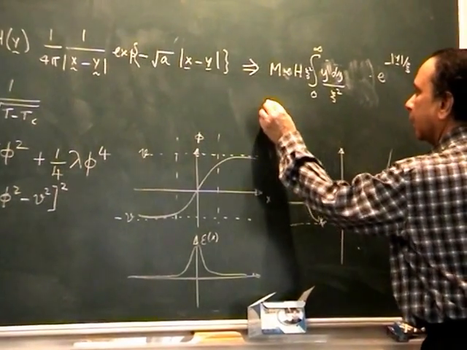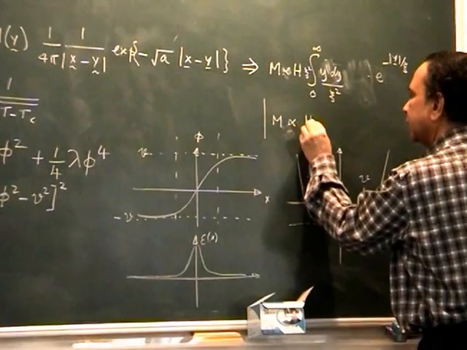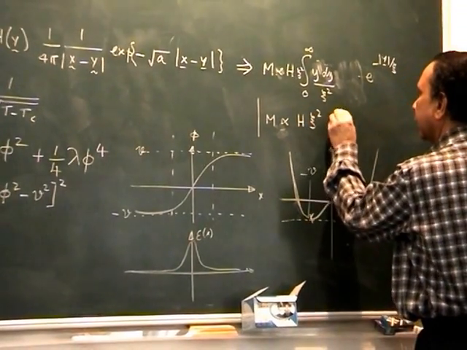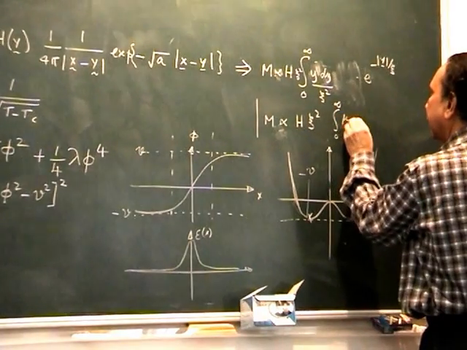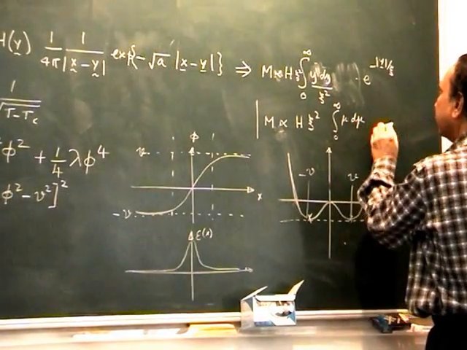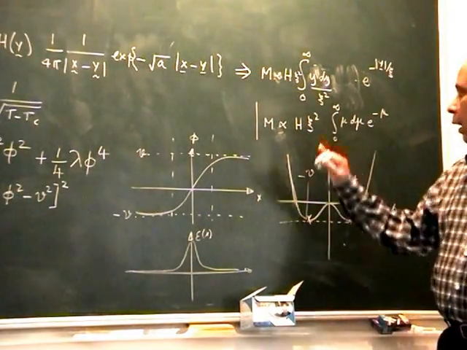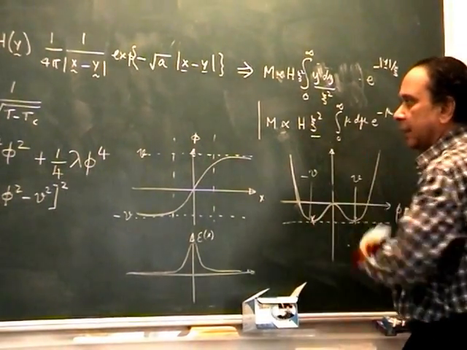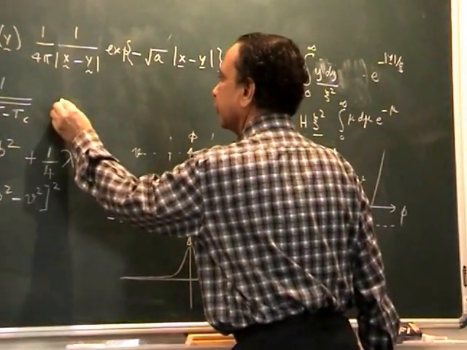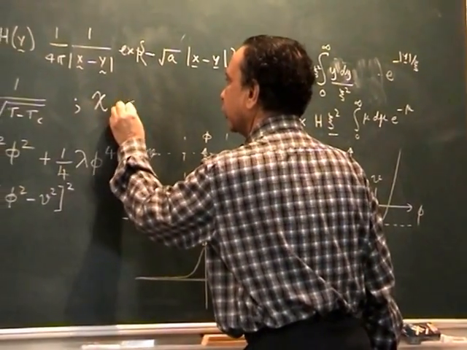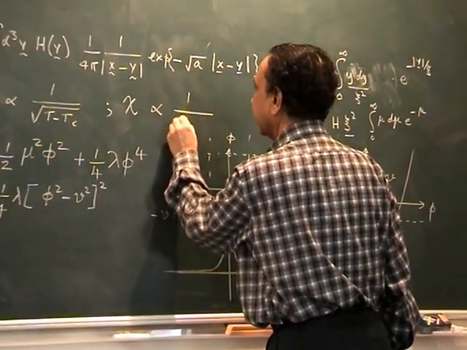So m is proportional to h psi square times some integral 0 to infinity of mu d mu e to the minus mu, which you can work out. All the temperature dependence is contained in this. So chi is the proportionality constant between these two, and that chi is going to be proportional to psi square. Psi square is 1 over T minus Tc.